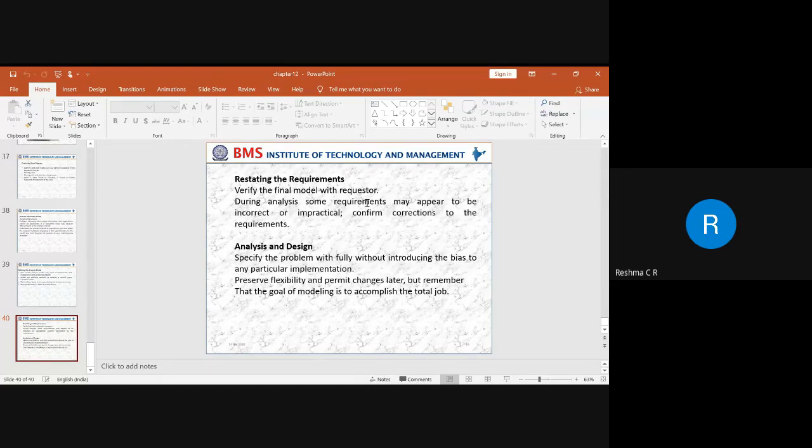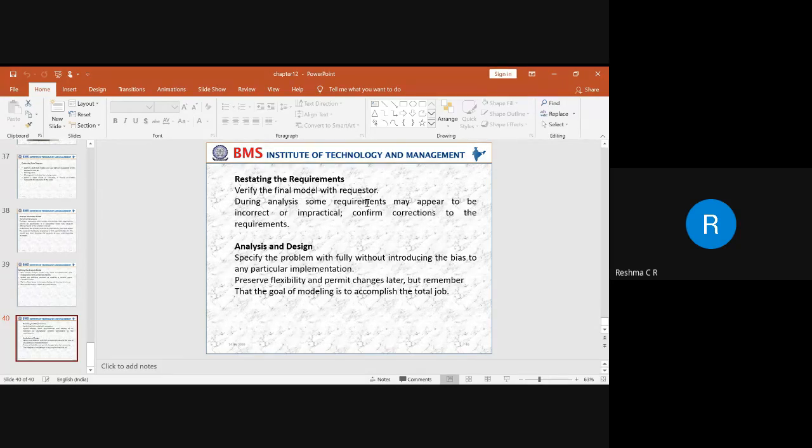After modeling the entire system, we need to identify what the different basic requirements are, whether each is within the scope or not. If it is not in scope, then we need to redefine the statement. That is the first step that we need to do.